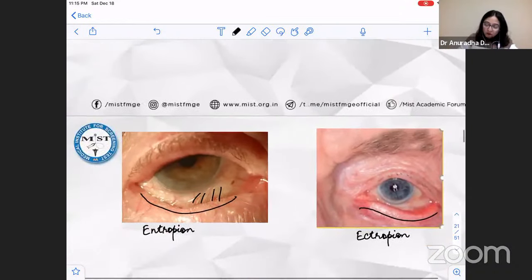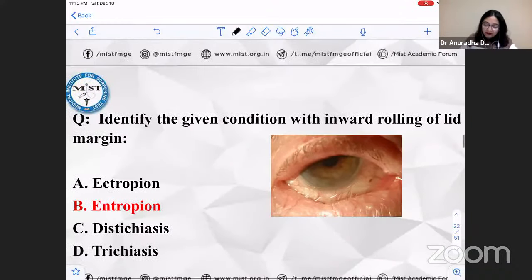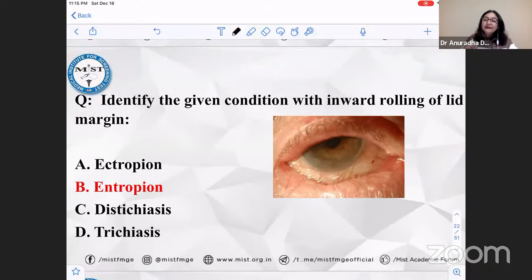So this was what was asked in the question here, that identify the condition with inward rolling of lid margin. So I hope it's now clear to us. This can be only entropion. Inward rolling of lid margin, entropion. So whether an image is there or just the statement is there, we can mark the answer as entropion.